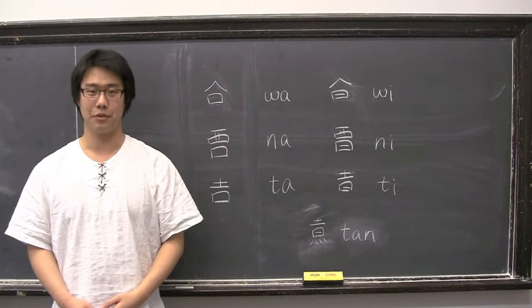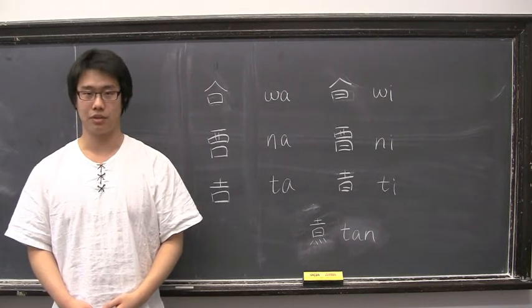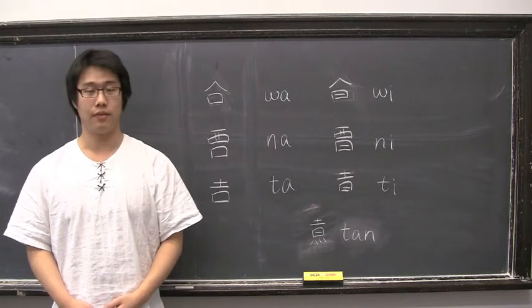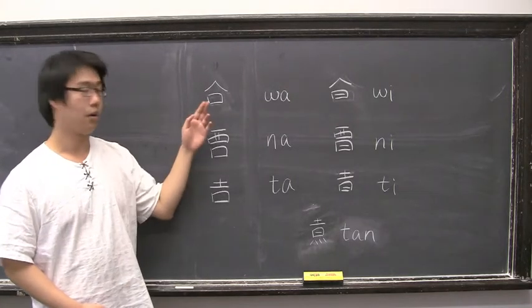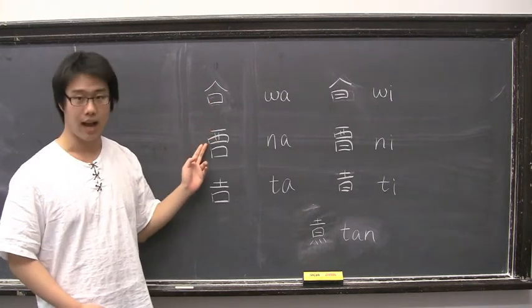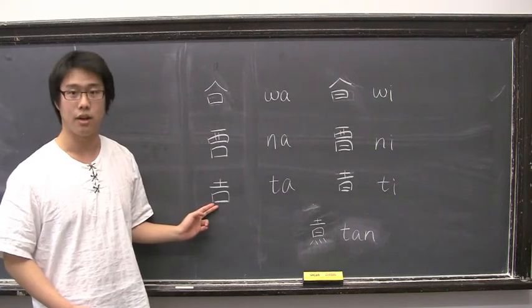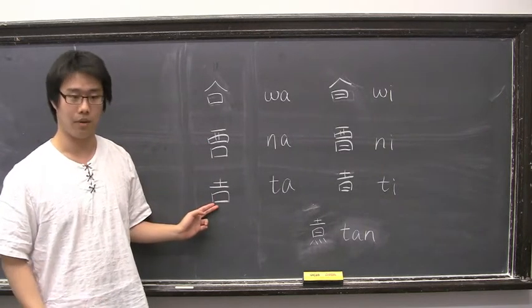As in most other languages, pronouns in ICAC can be used as the subject of a sentence. In ICAC, there are 7 pronouns. The first 3 are wa, which is the first person singular, me, na, the second person singular, you, and ta, the third person singular, him or her.